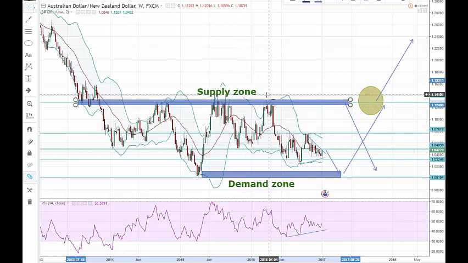We fell back, we came over here again, and this is the pattern we are seeing the last couple of weeks, because this is actually 2013, so this has been going on for 3 years now. So this is a really big range on the weekly chart. The demand zone is not that obvious.